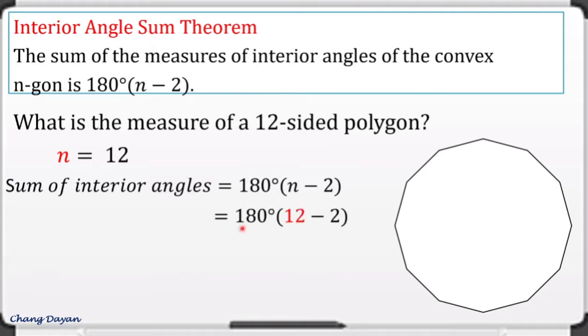Just substitute 12 to your n. 12 minus 2 is 10. 180 degrees times 10, the product is 1,800 degrees. So, if we combine all of the angles in the interior, we'll have 1,800 degrees.